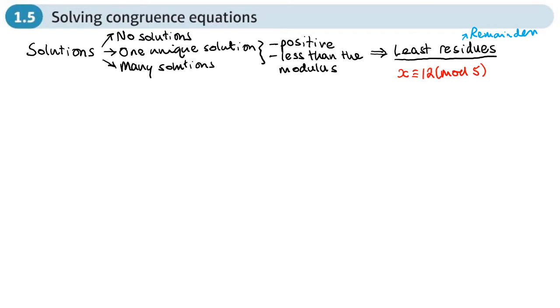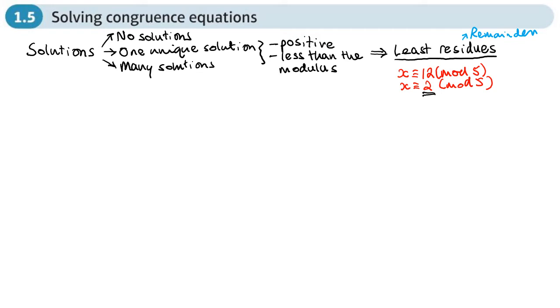If I took off 5 from that, I'd get 7. That's still greater than the modulus, and take off 5 again, I get 2. So actually this equation would be x is congruent to 2 under mod 5. So this 2 in this example is the least residue for mod 5.